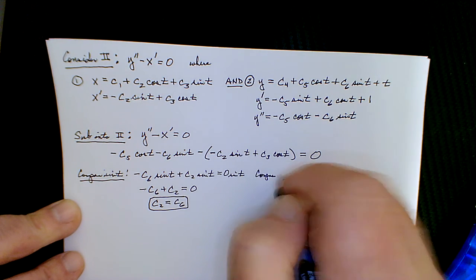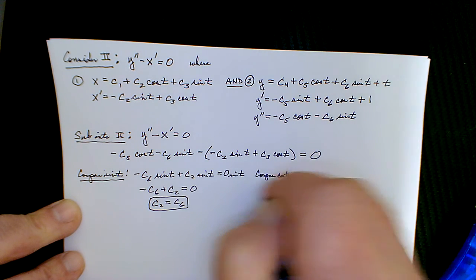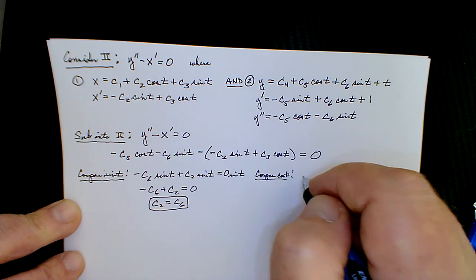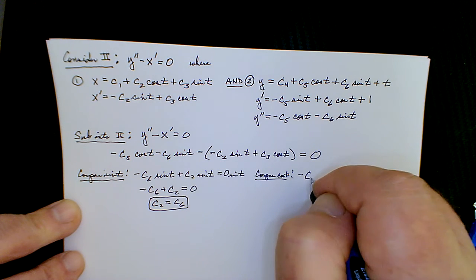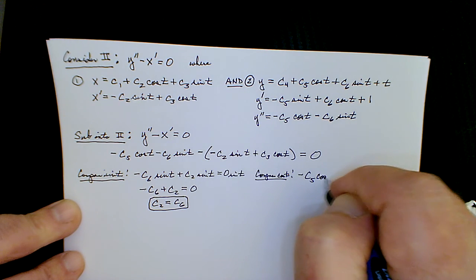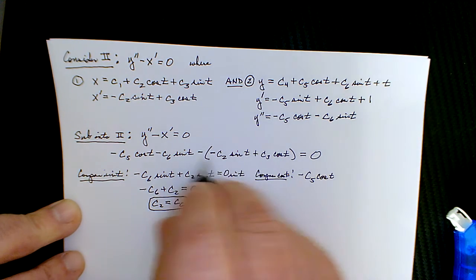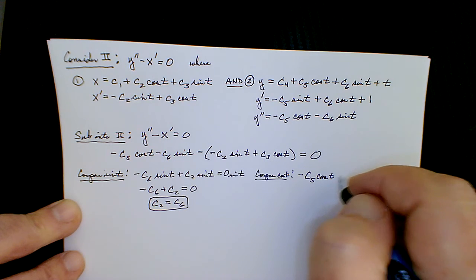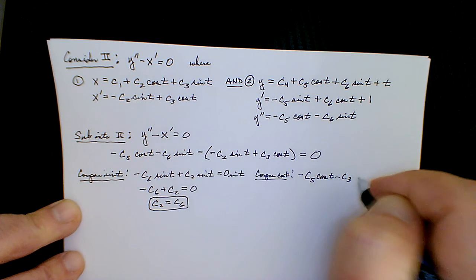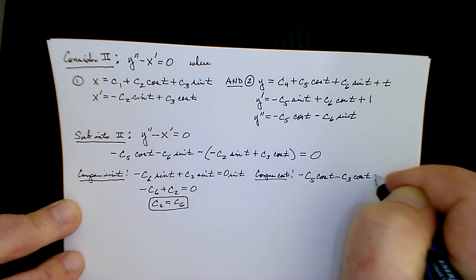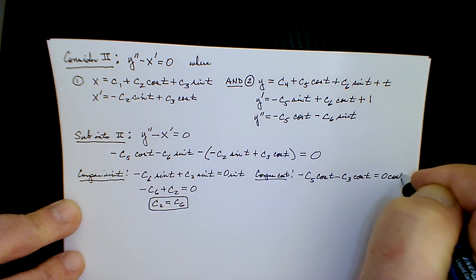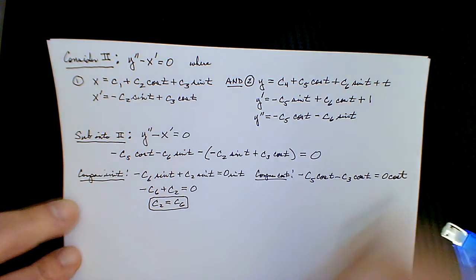Now, we'll compare cosine t, and on the left we've got minus C5 cosine t. Distributing this negative would make it minus C3 cosine t equaling 0 cosine t.